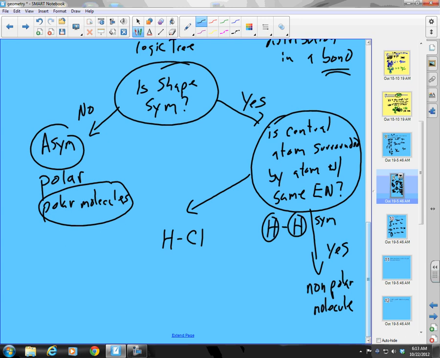This is a linear shape, but notice my Cl and my H are not the same. So this answer is no, and these have different electronegativities. So this is what we'd call a polar molecule. All right? So that's it. Just memorize this logic tree, and that'll take care of 90% of the questions related to molecular polarity and 100% related to molecular polarity in our class.